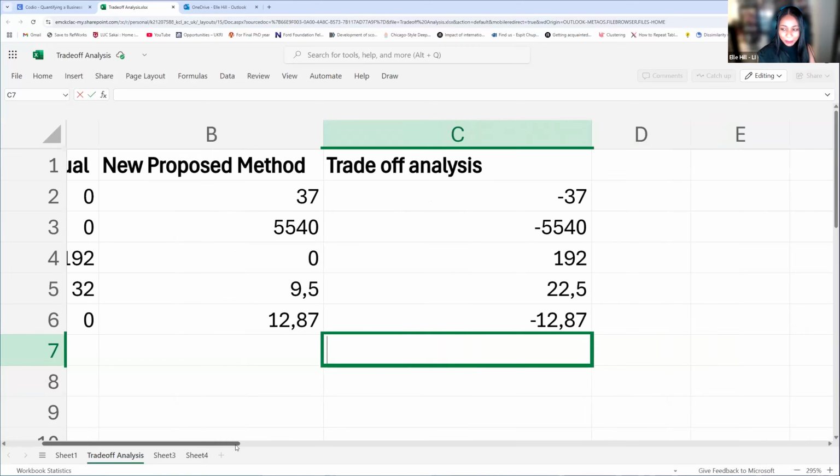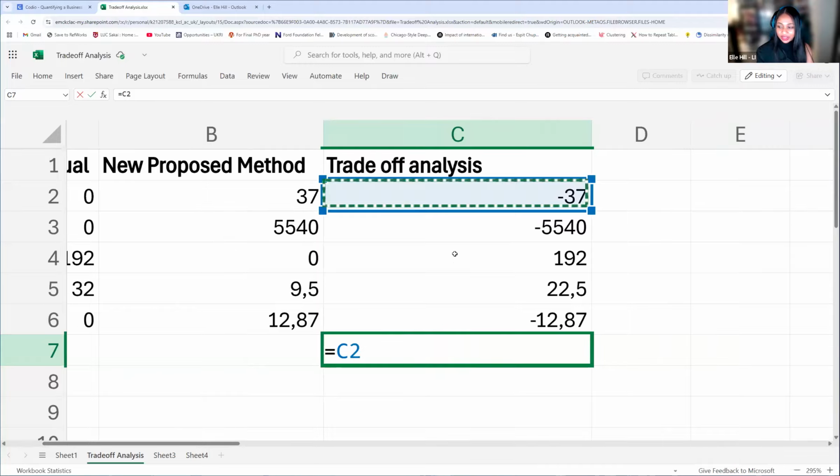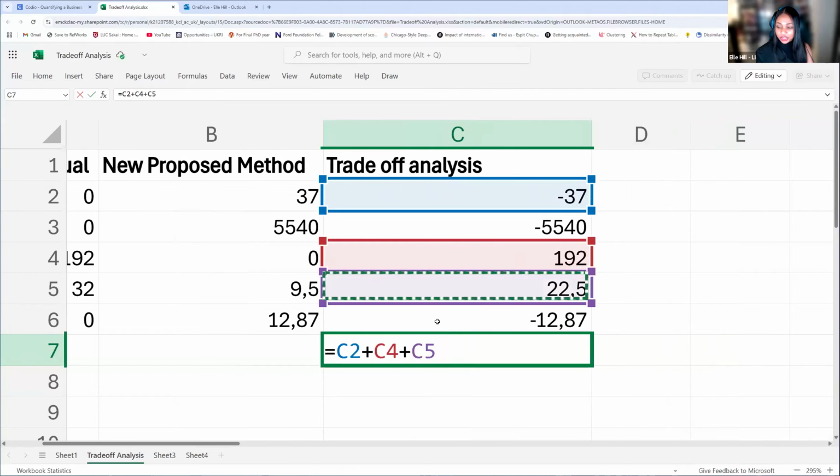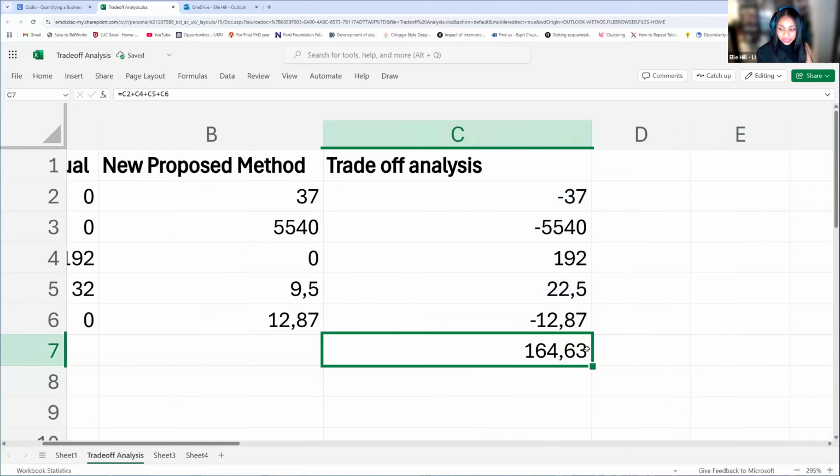You can do the boring way and just click everything, but I will show you a different way. If we're doing our variable cost only, not considering the machine, we're going to have a savings of $164.63 monthly. However, if we're including our machine, it gets a little bit scarier.